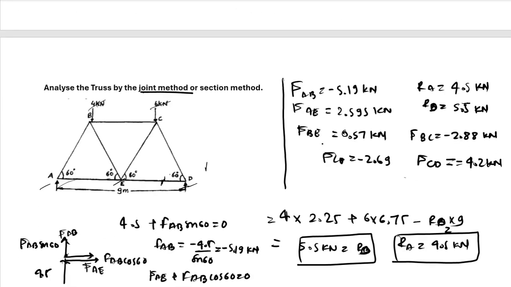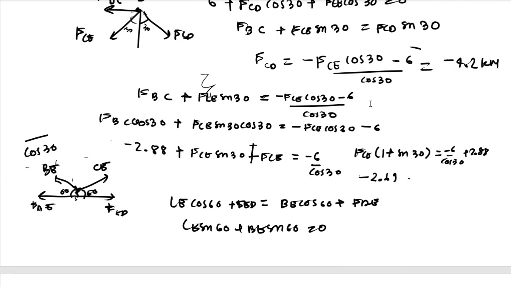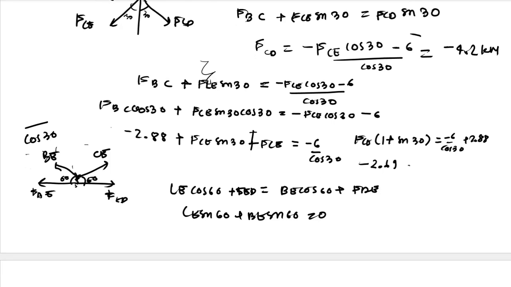You know BE as 0.57 and you know CE as minus 2.69. So the value of CE sin 60 should be equal to minus BE sin 60, which means that CE should be equal to minus BE, and we have already calculated BE, which is 0.57. So CE should become minus 0.57.